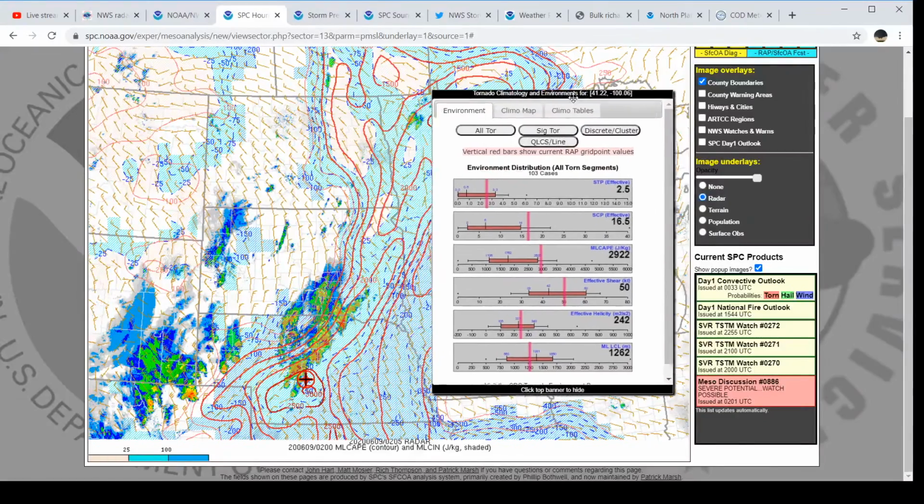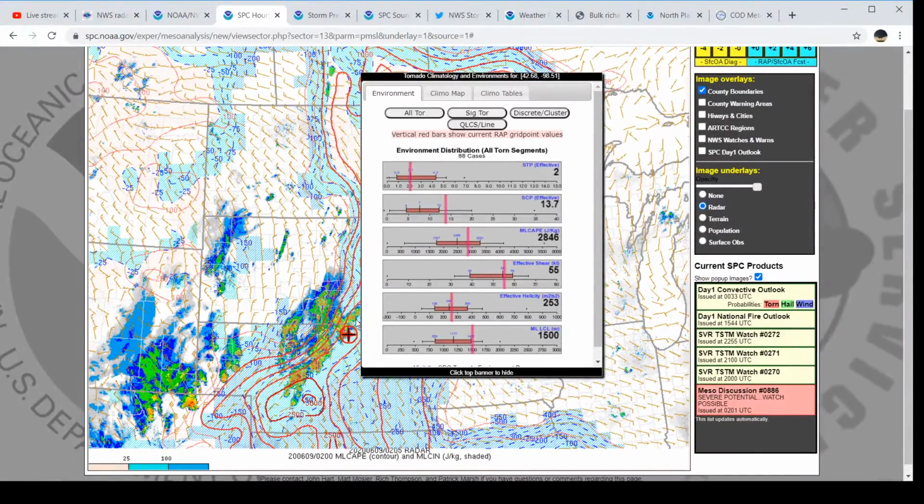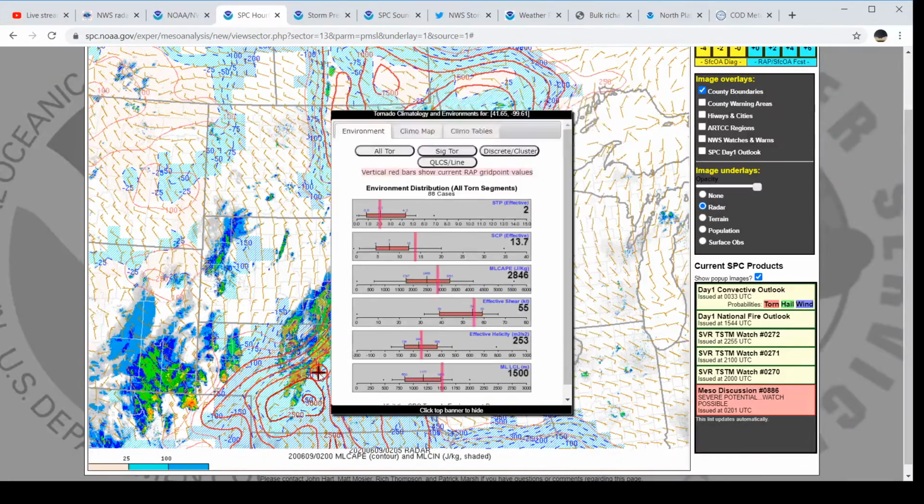Okay. Let's check this storm. I bet there'd be more convective inhibition, but our LCL heights are a little high. And our dew points, I don't think they're quite as high up here. So I think these storms down here, down the line, have a better chance probably.